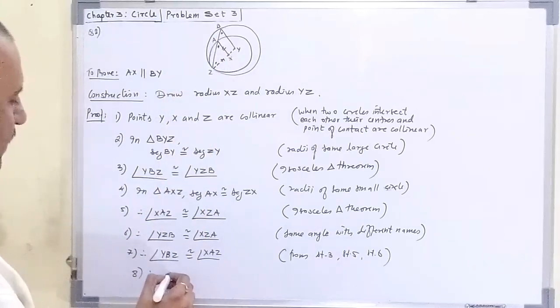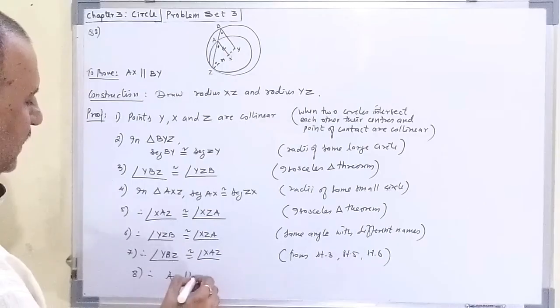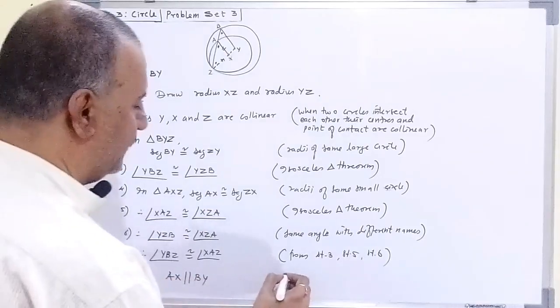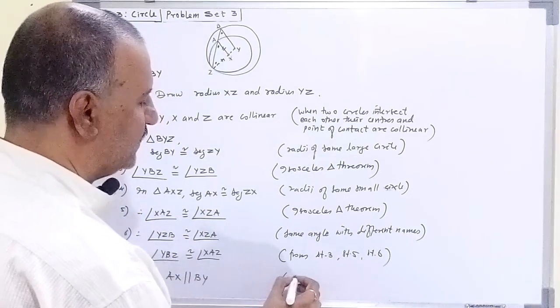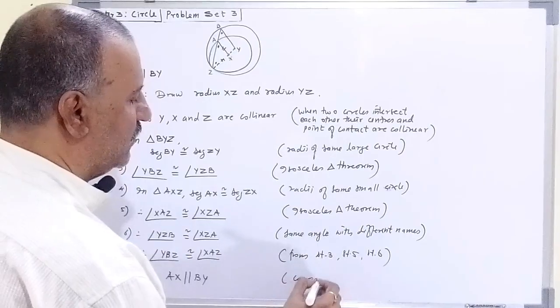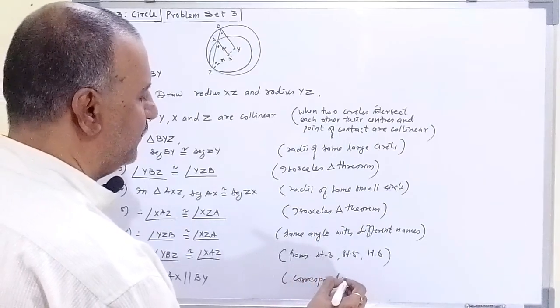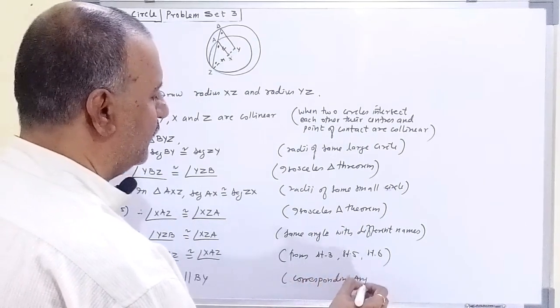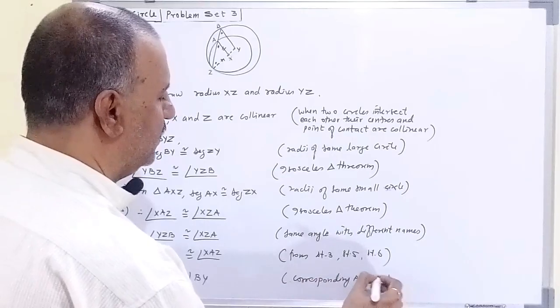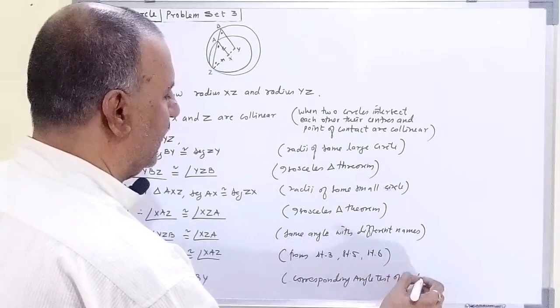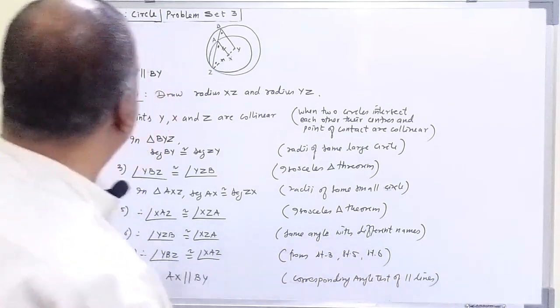Therefore AX पैरेलल BY. रीजन है इसका कॉरेस्पॉन्डिंग एंगल टेस्ट ऑफ पैरेलल लाइन्स.